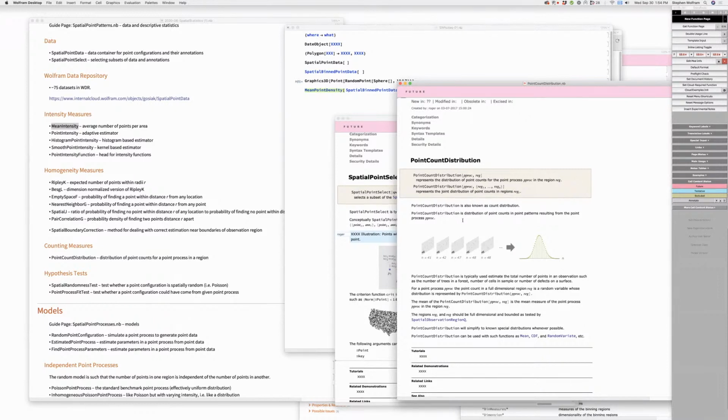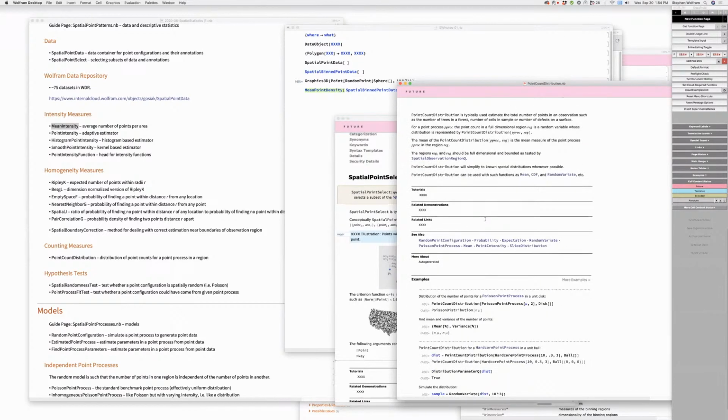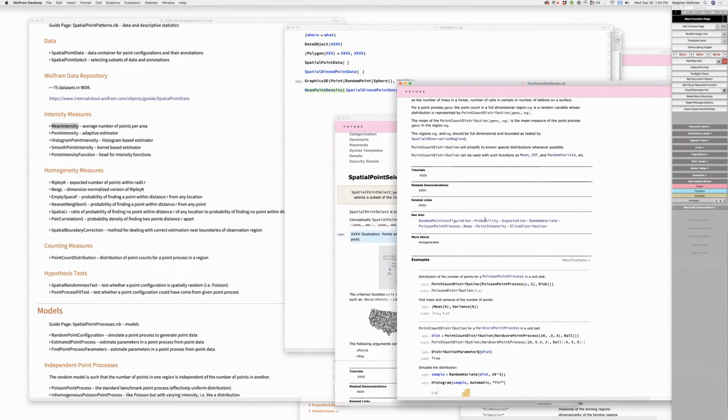For a Poisson point process, this is a Poisson distribution. And for some other processes, we don't have the closed form, but we can represent it as a transform distribution. So point count distribution is a derived distribution. And even if we don't have the closed form, if things are numeric, we can simulate that, for the point process simulation. In which case you get the non-parametric distribution.